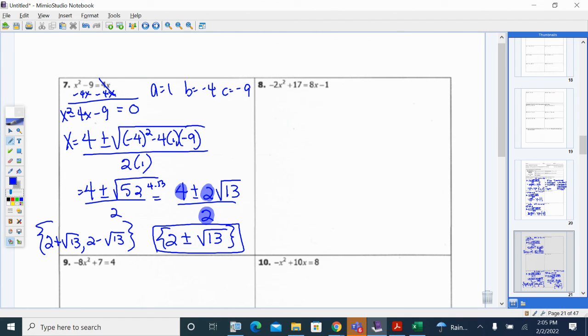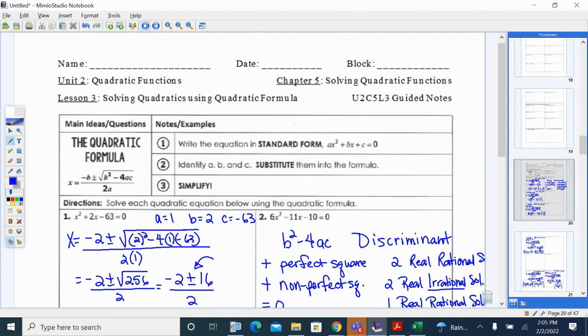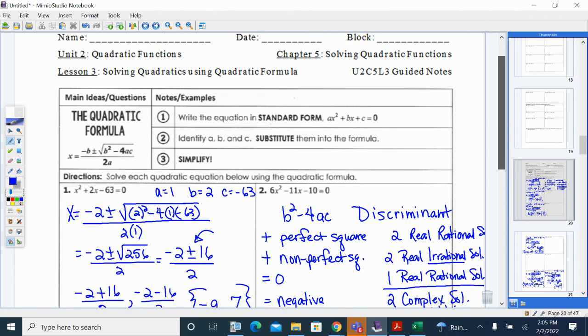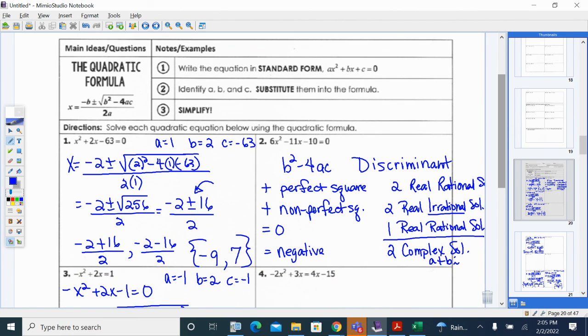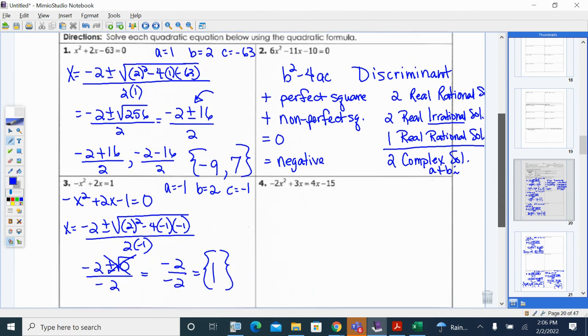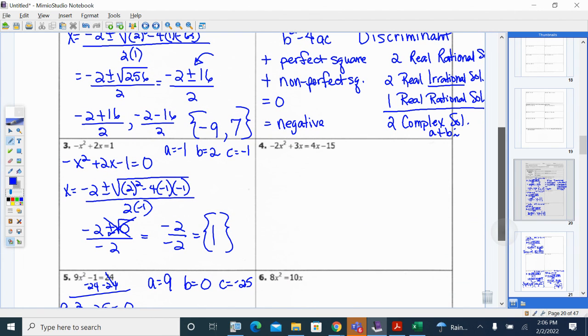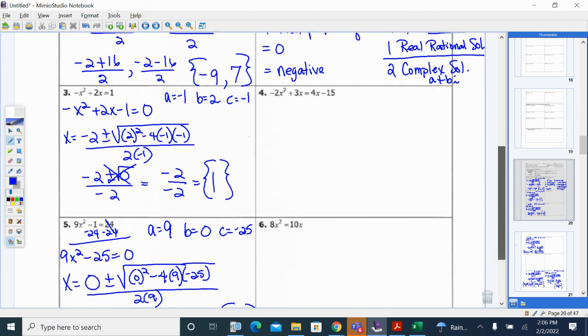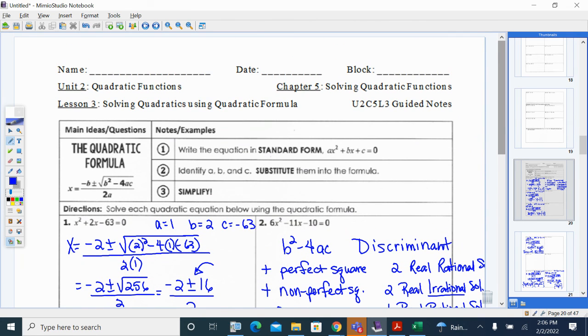The discriminant there ended up being a non-perfect square, giving us those irrational solutions. They're still real, but they're irrational. And then sometimes we have nice, pretty answers, like question number 1, because your discriminant was a perfect square. It's positive, it's a perfect square, 2 real rational solutions. And then, of course, if your discriminant is equal to 0, you have the 1 solution. So that wraps up your notes for Chapter 5, lesson number 3 on solving using the quadratic formula.